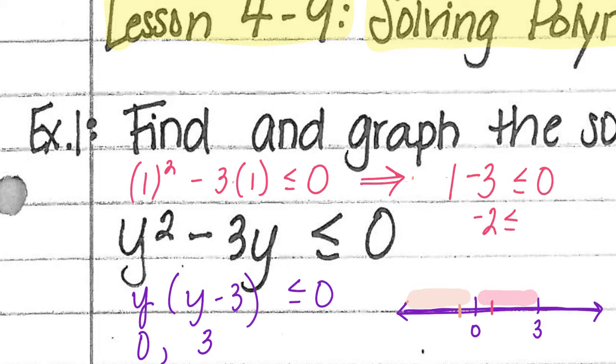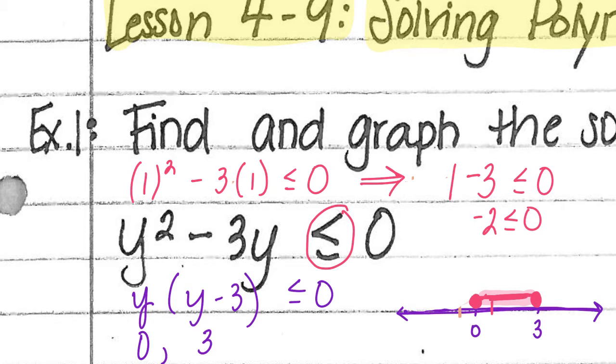Well, yeah. -2 is less than or equal to 0. So I'm going to fill in this section with my pencil. Now, I'm going to erase this part right here so you can see this one was not filled in. And notice that because of the less than or equal to, I'm going to fill in my graph with a closed circle.